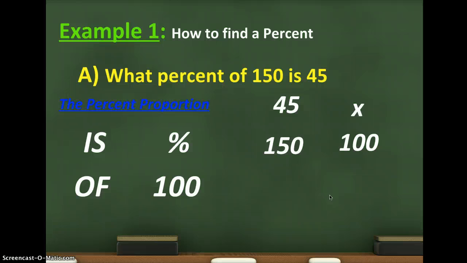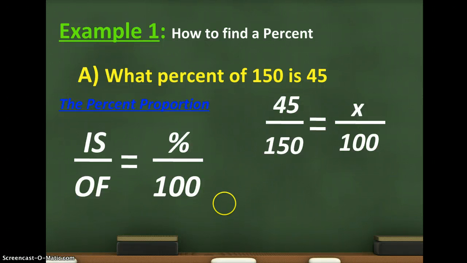How to find a percent. These are basic percentage problems that you might encounter. For example, what percent of 150 is 45? As you can see, I rewrote the percent proportion here so I could remember what to fill in. And then I look at the statement. What percent of 150 is 45?